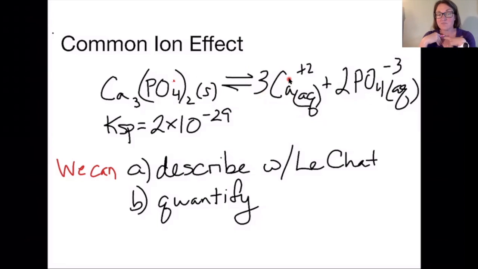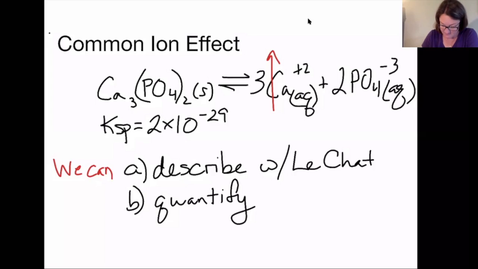By Le Chatelier's principle, what would happen if I added more calcium at this point? If I added more calcium and increased the concentration of that, we would get a left shift. If we got a left shift, then less of this would be dissolved, or we could say that we have a decrease in solubility. And in fact, we will always have a decrease in solubility when a common ion is present.